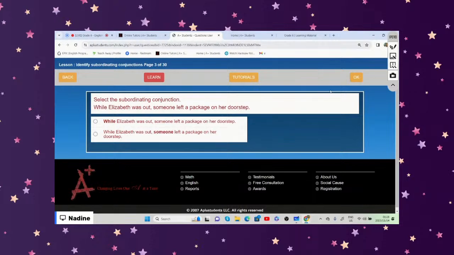And remember, your subordinating conjunction can also be at the start of a sentence. So while Elizabeth was out, someone left a package on her doorstep. So we need to select the subordinating conjunction. Is it while in the first one or someone in the second?